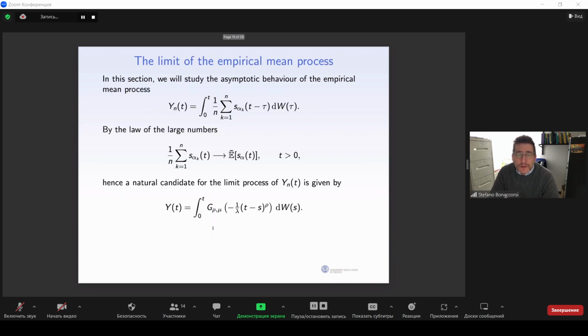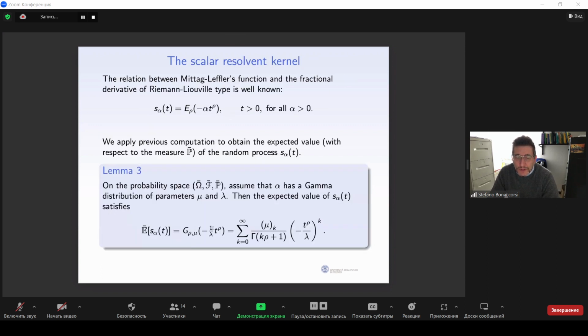I will not give the proof of this. It's just a question of writing S alpha by means of the Mittag-Leffler function, exchanging the expectation and the series, and then computing the expectation of every term, so the powers of alpha.